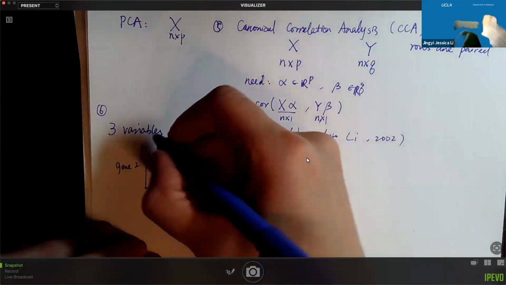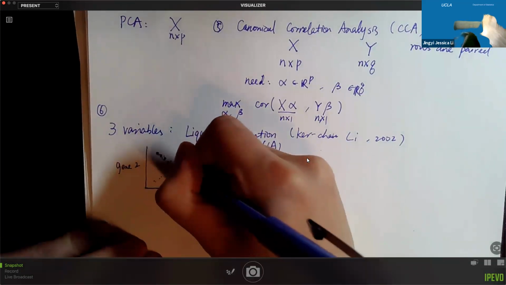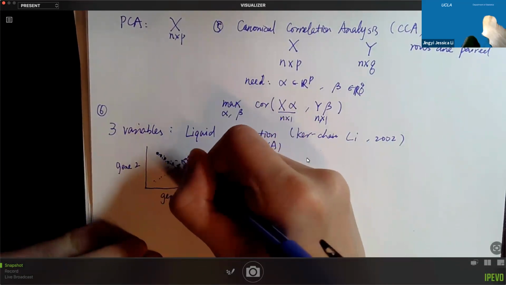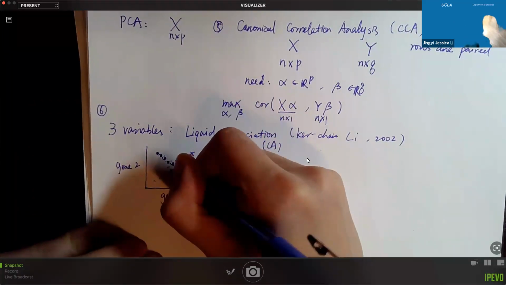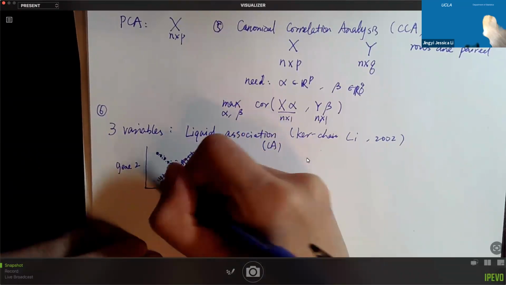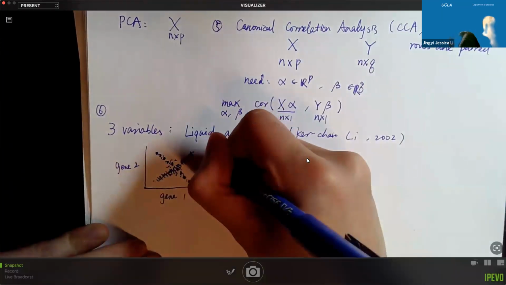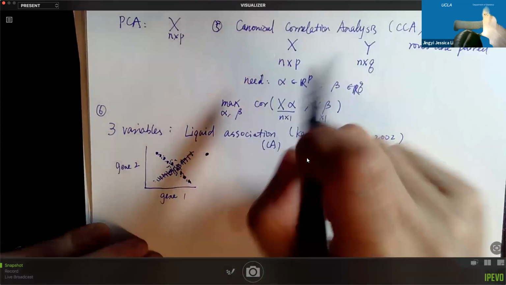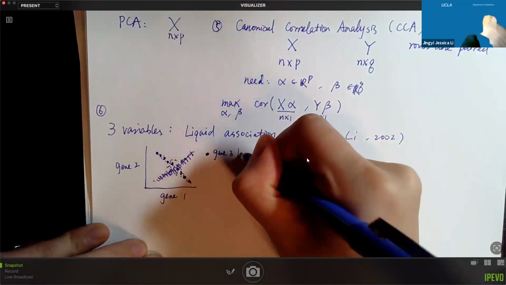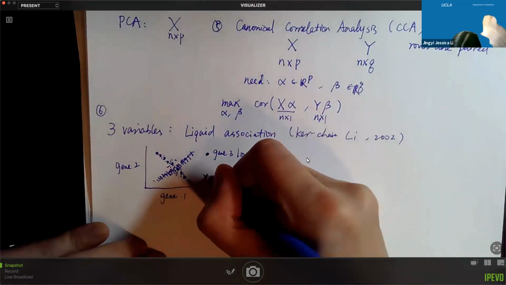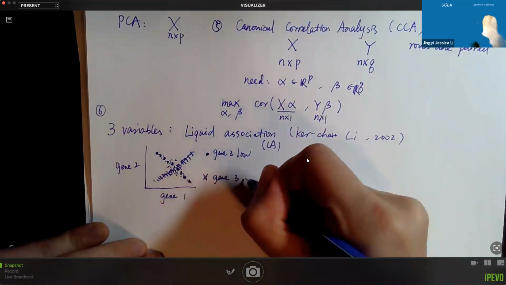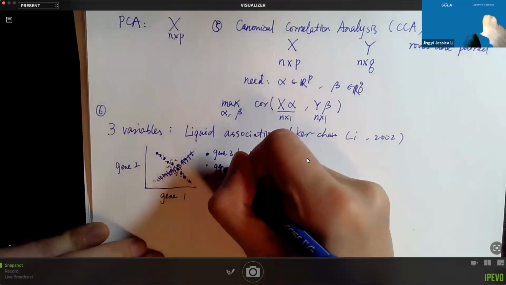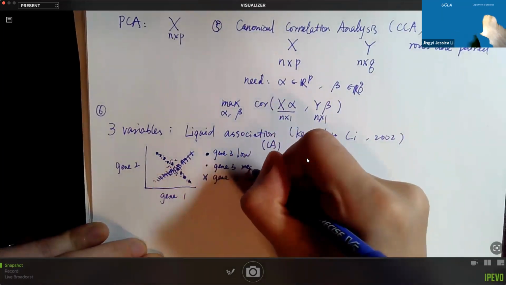Let's say I put those as dots, and I put crosses here, and I have some other dots here. Let's say this negative correlation corresponds to gene 3 being lowly expressed, the crosses correspond to gene 3 being highly expressed, and the dots in the middle correspond to gene 3 being medianly expressed.